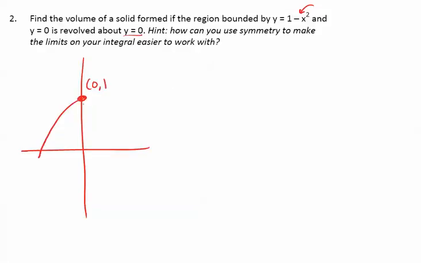So it's this parabola. And we're taking the region bounded between the x-axis and the parabola. And we are spinning it again around the x-axis. So we'll get a mirror image down here.